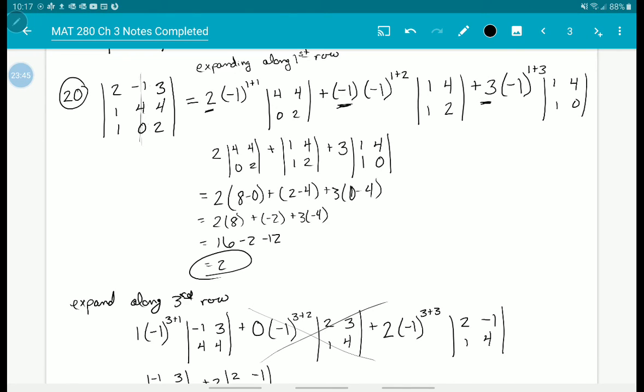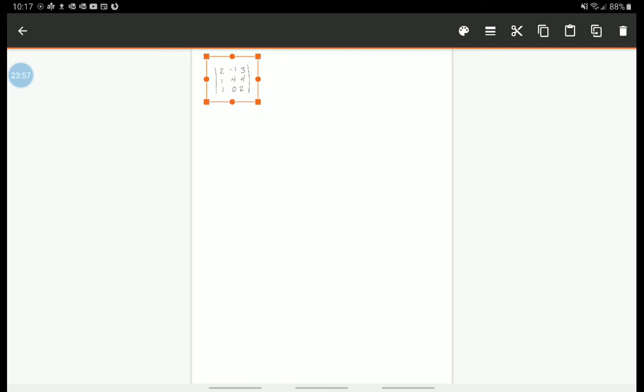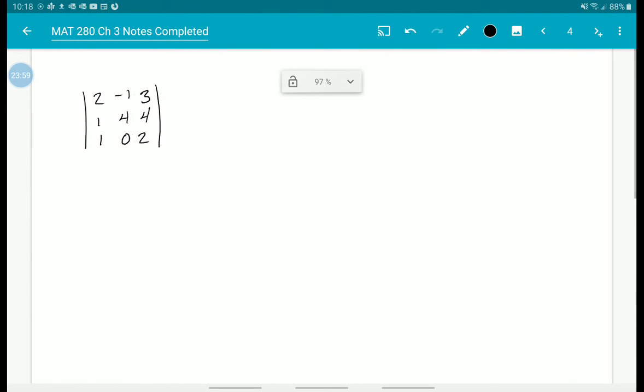So let me show you what that would look like. We're going to take that to the next page. I'm just going to recopy my matrix. And now I'm going to show you the expansion along the second column.